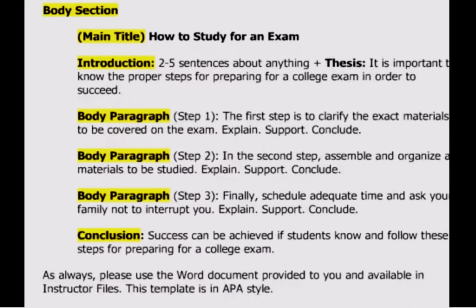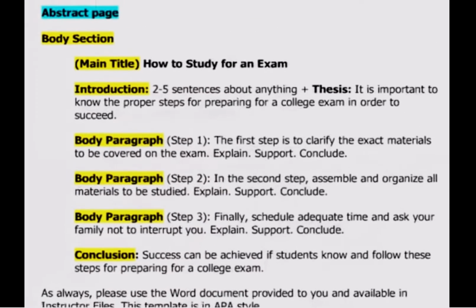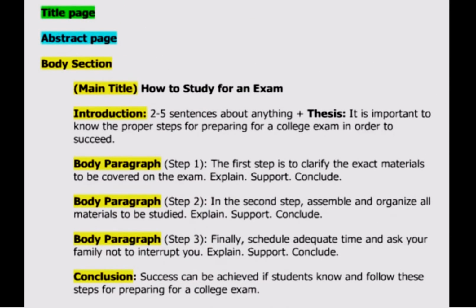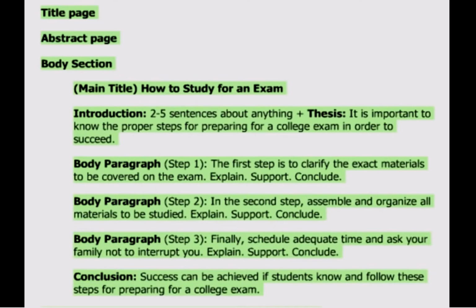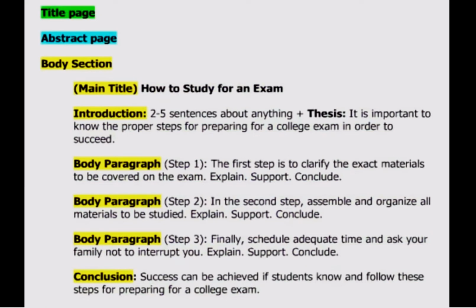Now, the first thing that means is that you are writing an APA essay. And here are the parts of an APA essay. You have learned in this course that an APA essay has a title page, and you've been shown how to format that. It has a body section, and you know that that body section consists of the following parts.